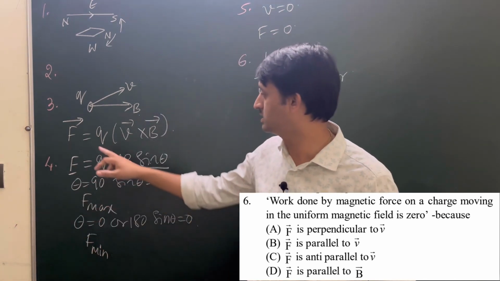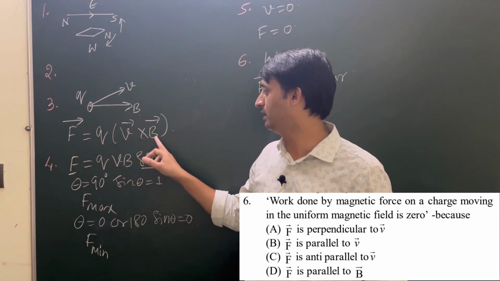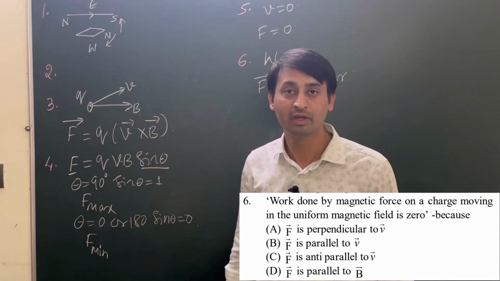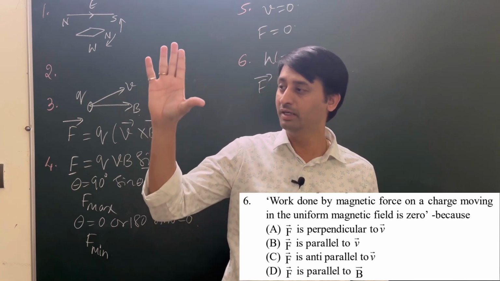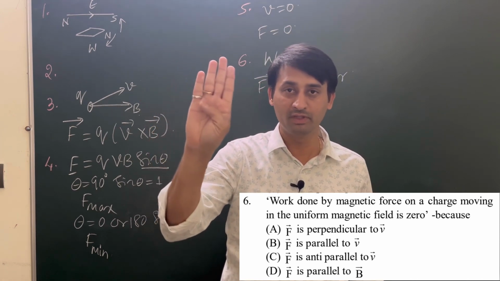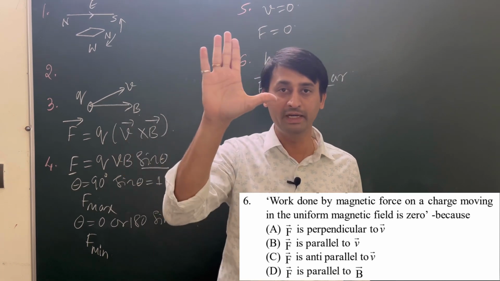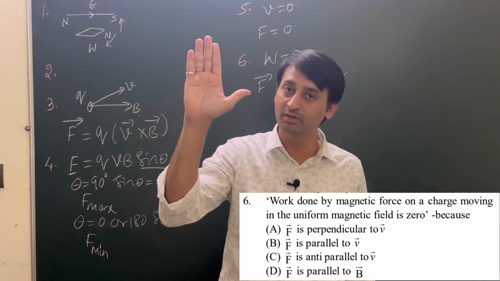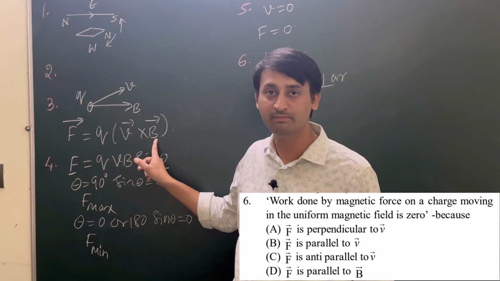Here the force is the vector product of vector v and vector B, q times vector v and vector B. The direction is given by the right hand thumb rule. Here the fingers indicate the direction of velocity, the thumb indicates the direction of force, and the direction in which we close the fingers will give the direction of the magnetic field.